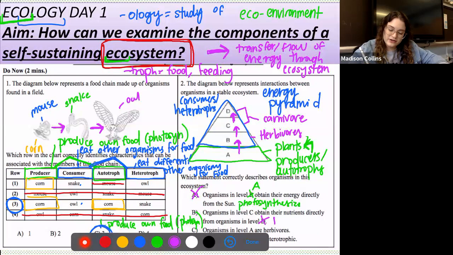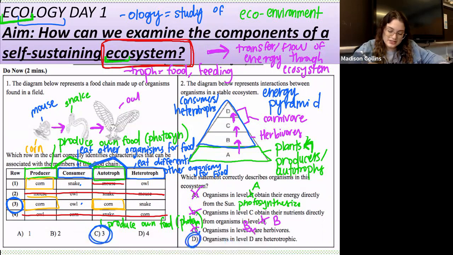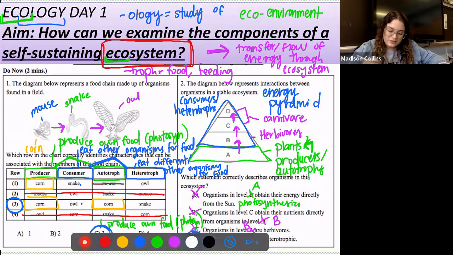They're going to obtain their energy from the organisms in row B. So we're going to cross that one out too. C, organisms in level A are herbivores. Well, we said that our herbivores are on row B. Level A is going to be where our plants are. So then that means the only possible answer here is going to be answer choice D. Organisms in level D are heterotrophic. Up here, we said that rows B through D are all consumers. They are all heterotrophs. So that is your correct answer.